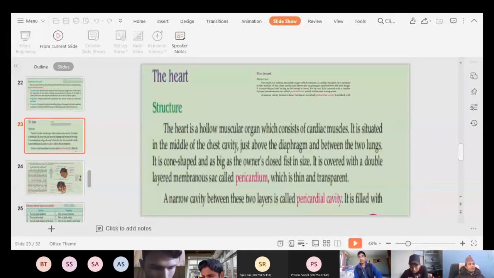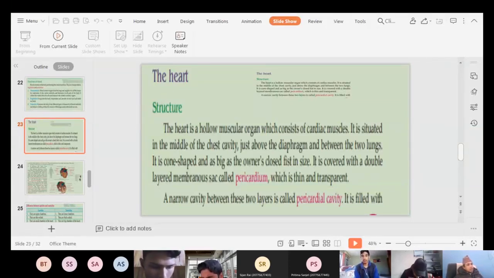Upper chambers are auricles, AURICLE, and the lower chambers are ventricles, VENTRICLE.